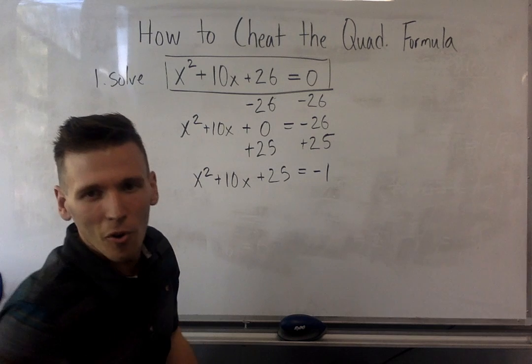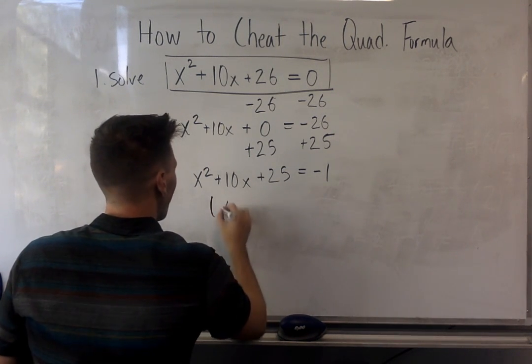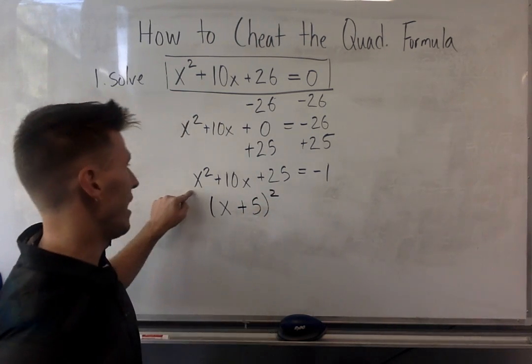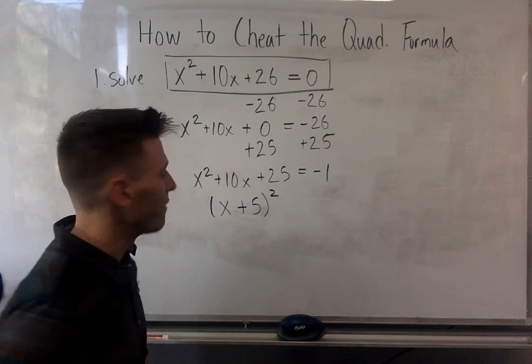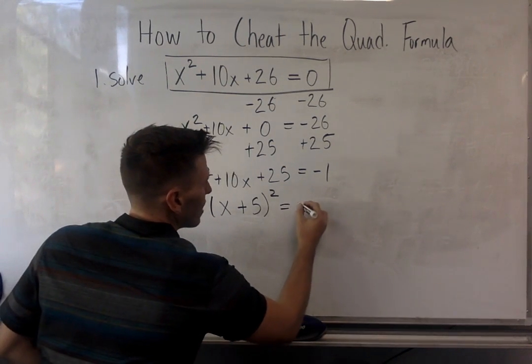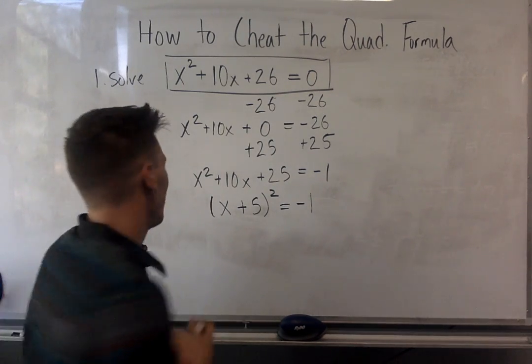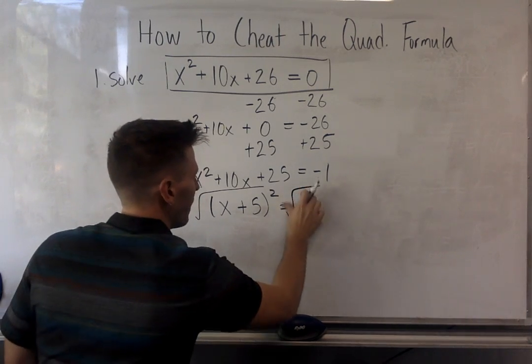This is incredible, because now on the left I can say that x squared plus 10x plus 25 is x plus 5 squared. And x plus 5 squared equals negative 1. So now I can do some inverse operations and take the square root of both sides.